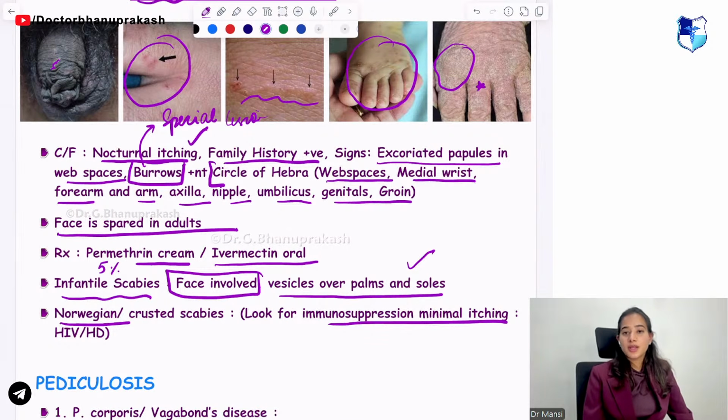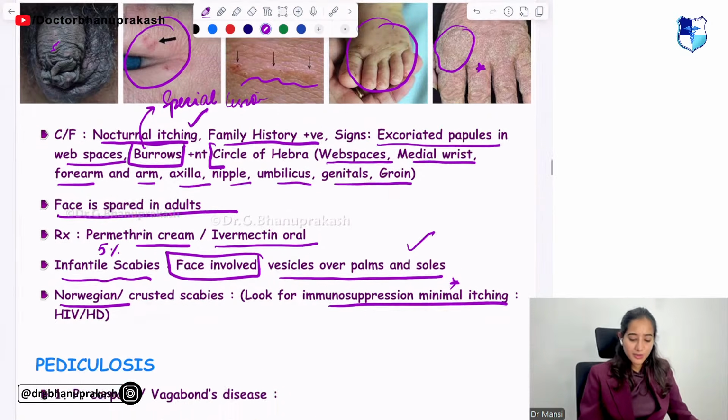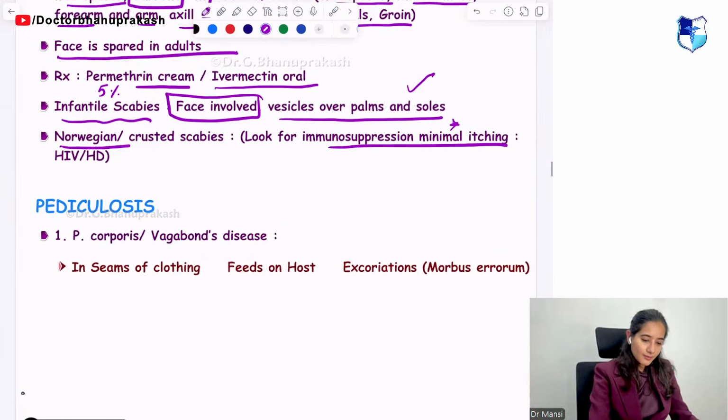Patients of HIV or Hansen's disease will have a very weakened immune system. So they will not have itching, because itching happens when your immune system is active and you're getting inflammation signs. But in them the immunosuppression is not going to cause the itching, so there is minimal itching present.